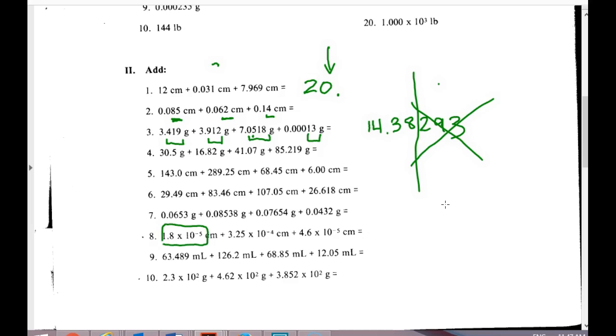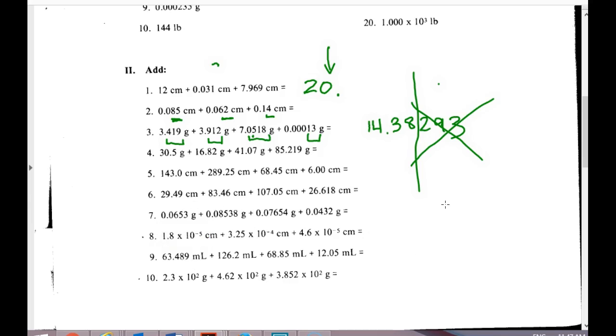If you have a negative exponent, the number is less than 1. So you've translated this number into 1.800000. This is actually 0.000018. Here's a way to deal with this in your calculator and make your calculator do the work for you.